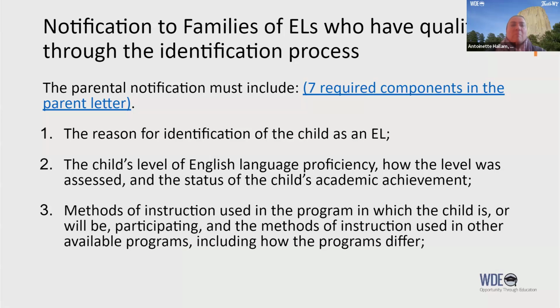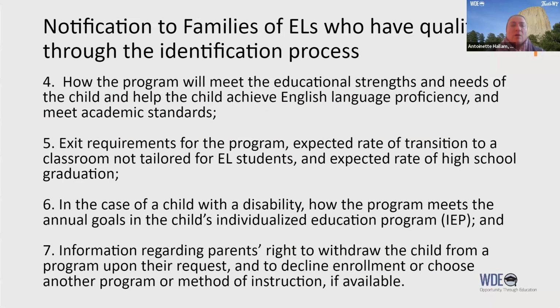Number 3, methods of instruction used in the program in which the child is or will be participating, and the methods of instruction used in other available programs, including how the programs differ. Number 4, how the program will meet the educational strengths and needs of the child and help the child achieve EL proficiency and meet academic standards.